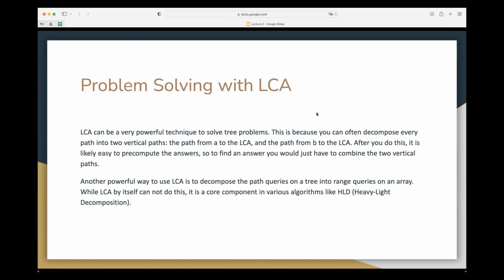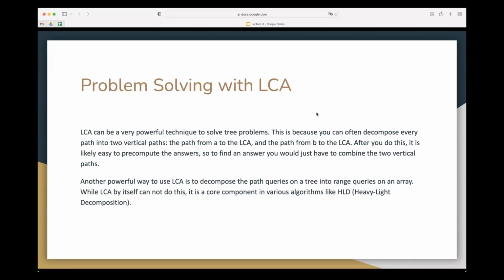So for example, HLD is very similar to LCA, or the idea behind heavy light decomposition is actually to solve a strictly harder version of the problem that LCA is trying to solve. So if you're able to find the LCA, let's say using binary lifting, and then you want to do a path query, sometimes you might not be able to do that because you can't use prefix sums or something like that.